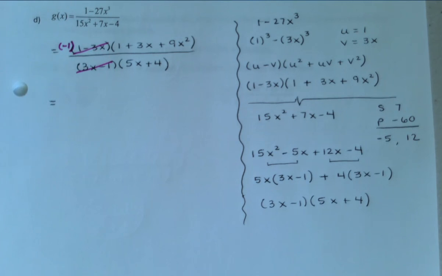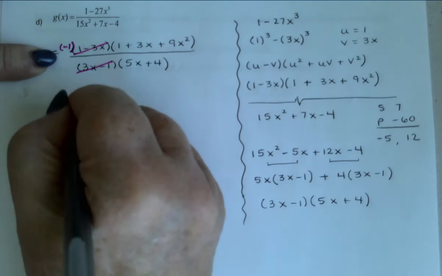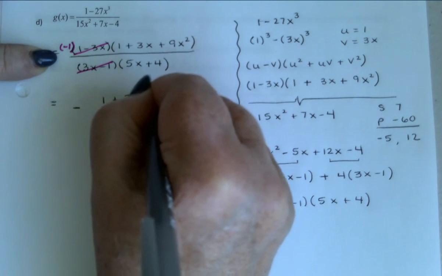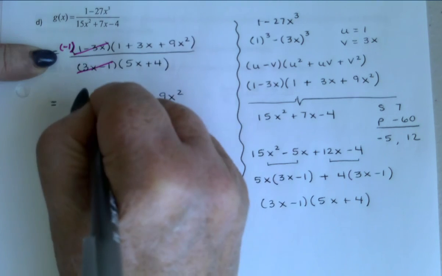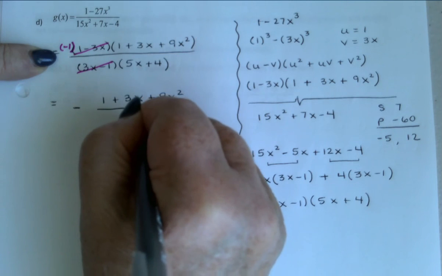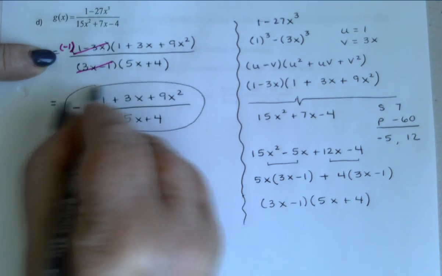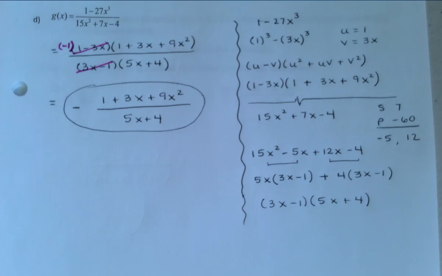There's a couple of different things I can do with that negative 1. One option is I can just put the negative in front of the entire fraction, like this. And that's just fine. It means the same thing as any other way of doing it.